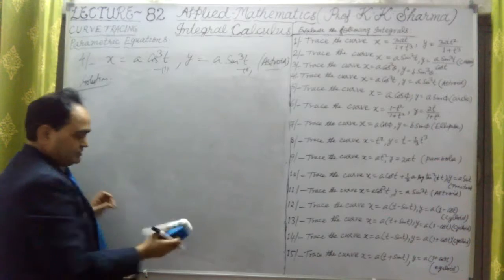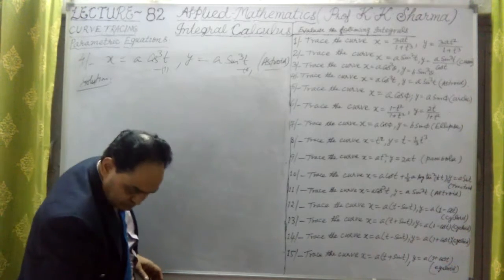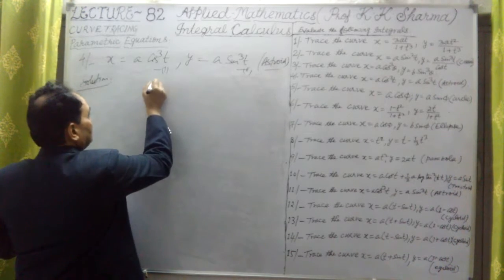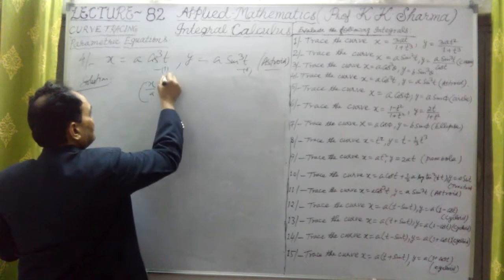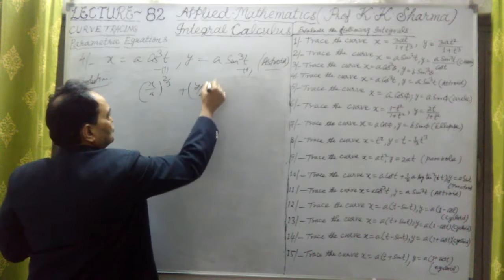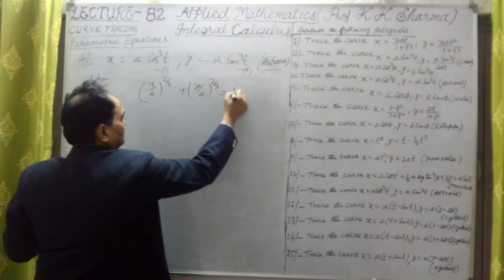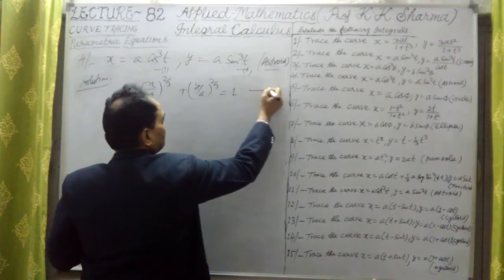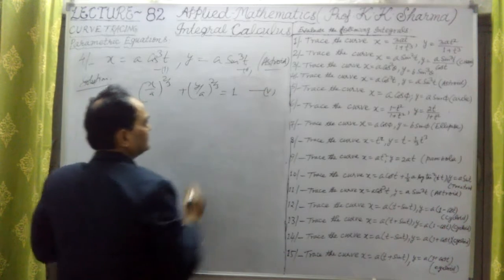Let me trace this equation. The equation we have obtained is x upon a whole power 2 by 3 plus y upon a whole power 2 by 3 is equal to 1. This is the Cartesian equation obtained after eliminating the parameter t. Let me call it the fifth equation.